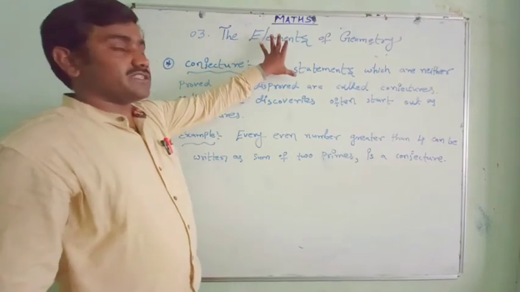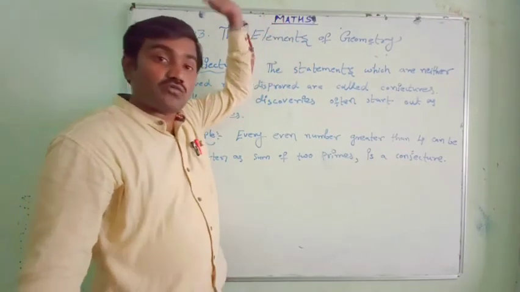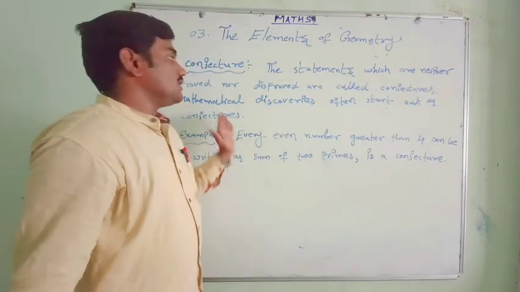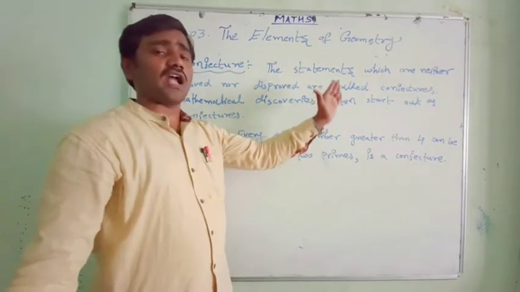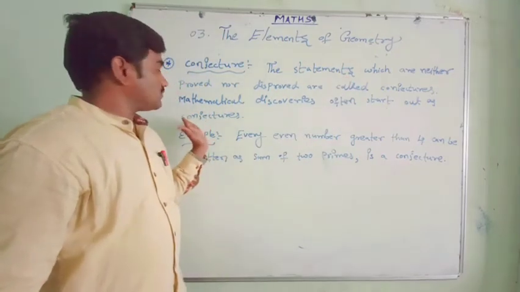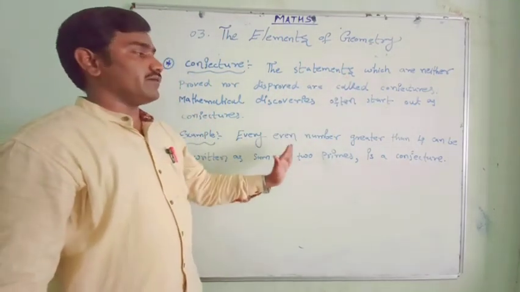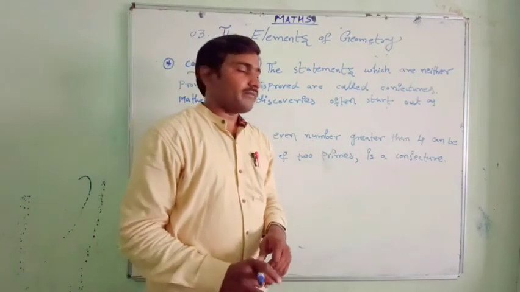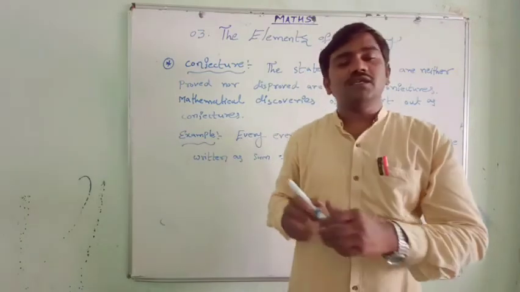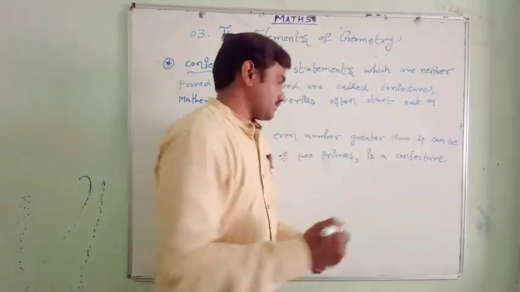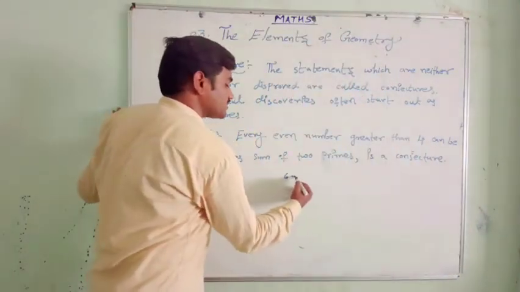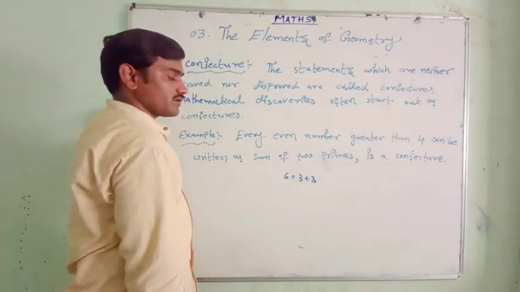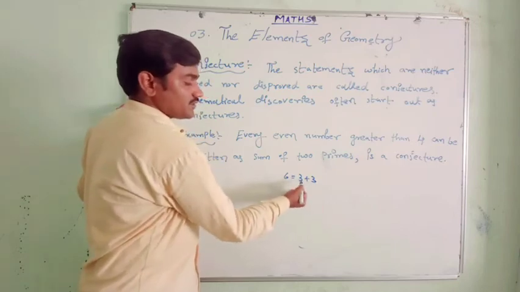Mathematical statements which are neither proved nor disproved are called a conjecture. Mathematical discoveries start out as conjectures only. For example, every even number greater than 4 can be written as the sum of 2 primes. Suppose the even number 6, we can write it as the sum of 2 primes, that is 3 plus 3.